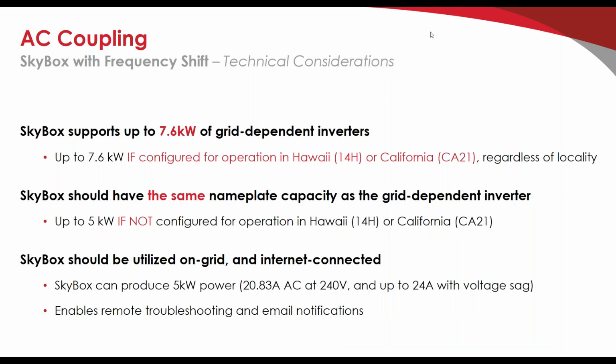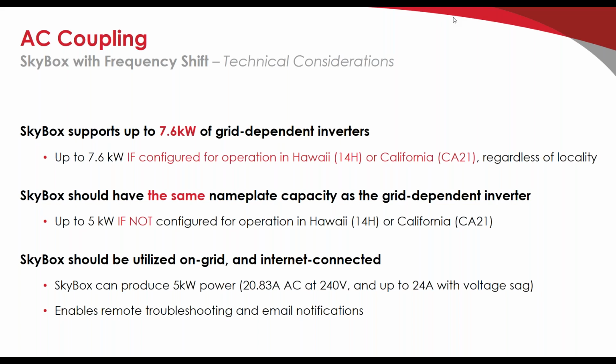Technical considerations. So this covers both installation and a fair bit of technical sales with respect to reaching out to your customer base. SkyBox will support up to 7.6 kW of grid-dependent inverter or inverters, if they're microinverters.